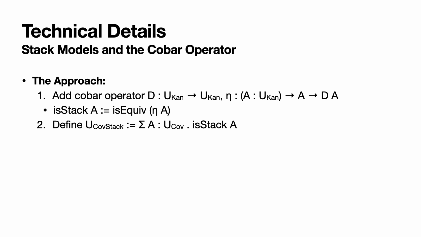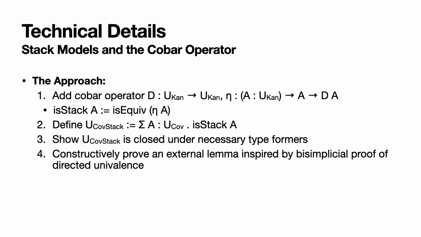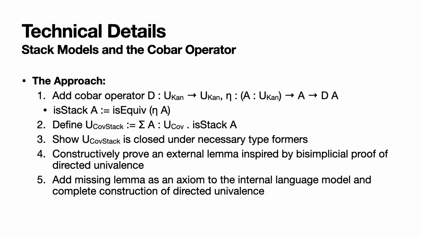Then we can define a new universe of covariant stacks, which contains all the types in the covariant universe that are also stacks. We can show that the universe of covariant stacks is closed under all the necessary type formers. And then we constructively prove an external lemma that's inspired by the bisimplicial proof of directed univalence, and add that lemma as an axiom to our internal language, and are able to then complete the construction of directed univalence.